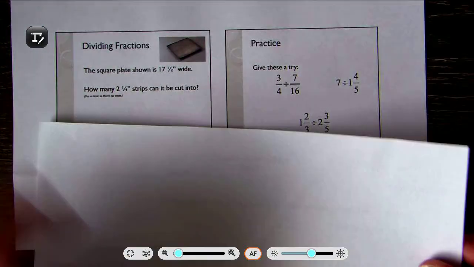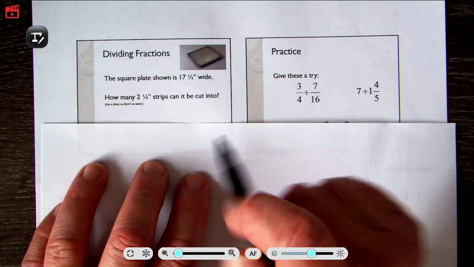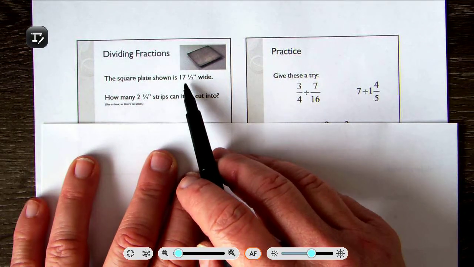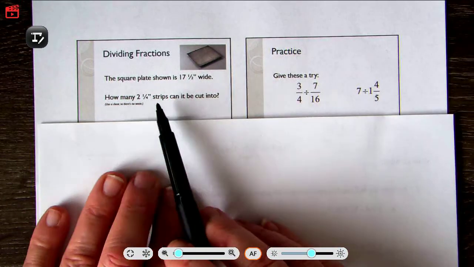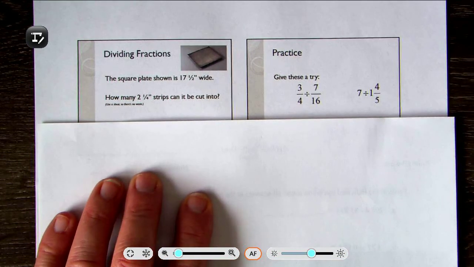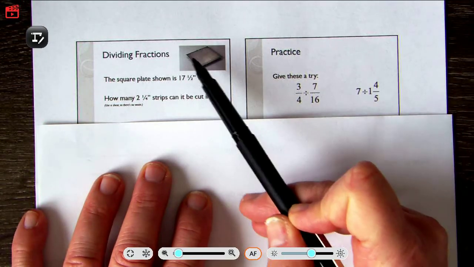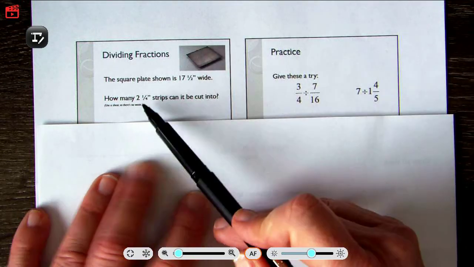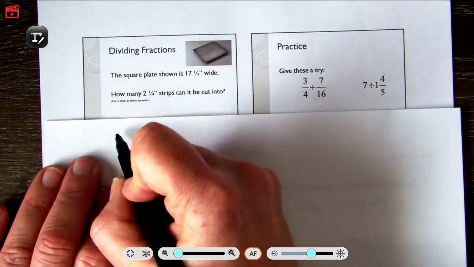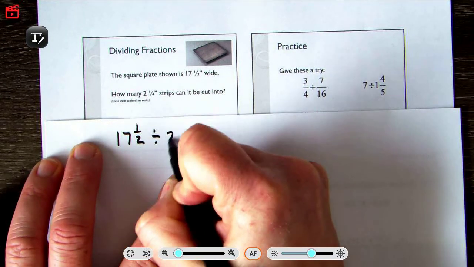Let's do a couple more. Let's do some of these word problems. A square plate is shown that is 17.5 inches wide. We want to know how many 2 1/4 strips can be cut from it. So we're going to basically take this piece and divide it into 2 1/4 strips. So 17.5 divided by 2 1/4.